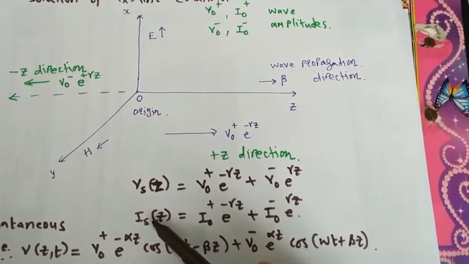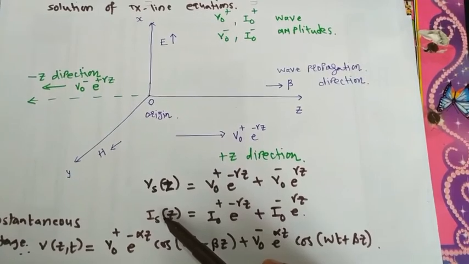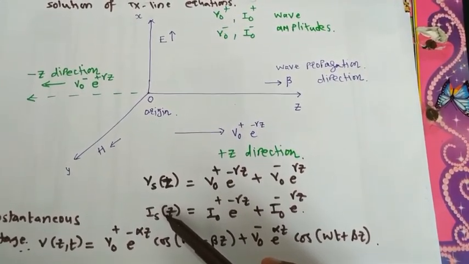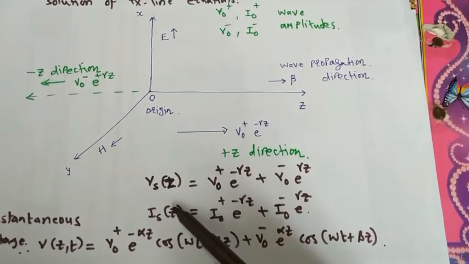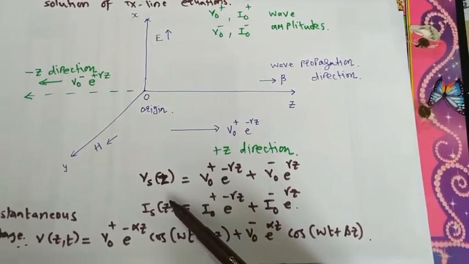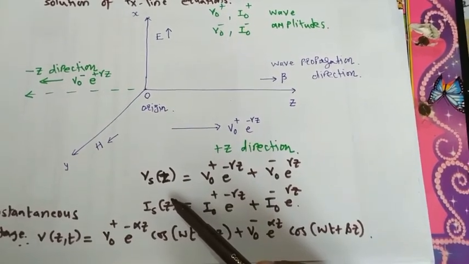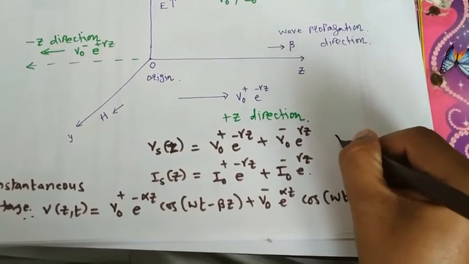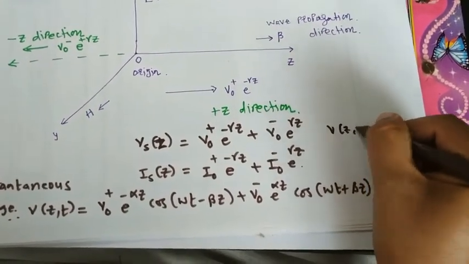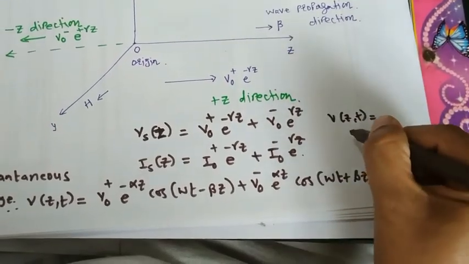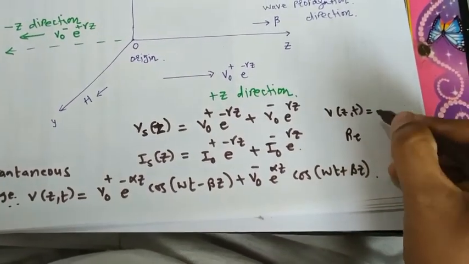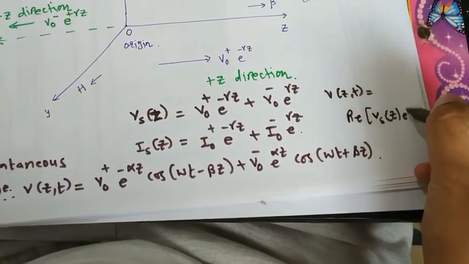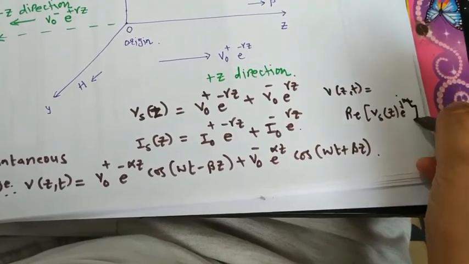Sometimes we have to find the solution of the transmission line equations in terms of the instantaneous voltage, so we once again apply our time harmonic dependency. The instantaneous voltage V(z,t) is equal to the real part of Vs of z into e raised to j omega t. This part we have already seen.